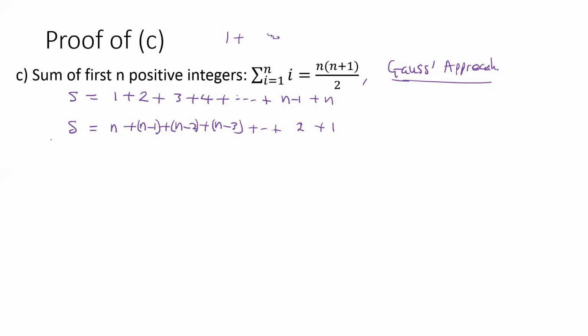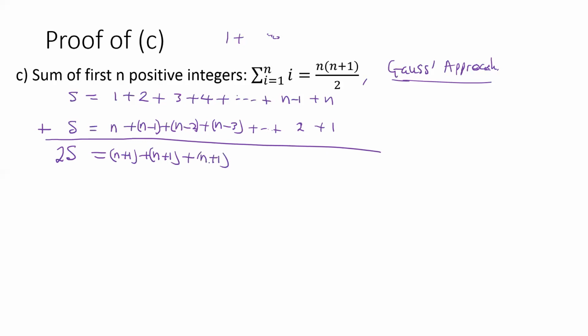So then he decided to add them, to find a sum. So we have S plus S, which gives me 2S. 1 plus n is n plus 1. And then 2 plus n minus 1 also gives me n plus 1. Then 3 plus n minus 2 also gives me n plus 1. 4 plus n minus 3 is n plus 1.